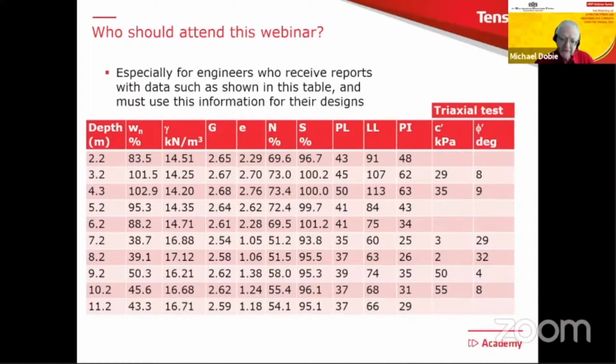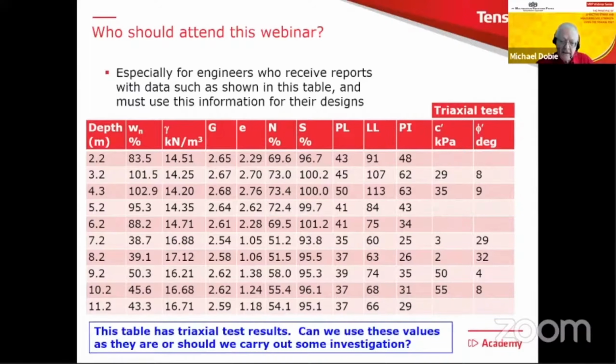And I suppose the aim of today really is to look at that data and decide, should we make some investigation to be quite sure whether or not this data is reliable, is as it should be? And I think you're going to see later on the answer is yes. We need to understand where this data comes from before we put it into our design calculations.